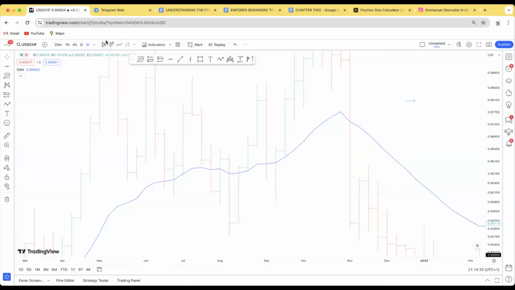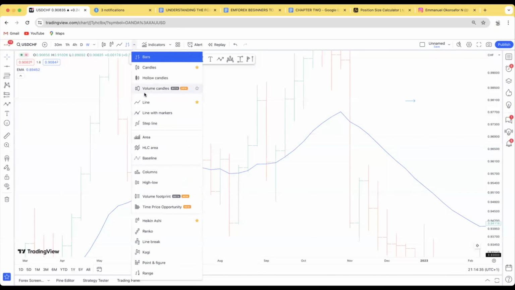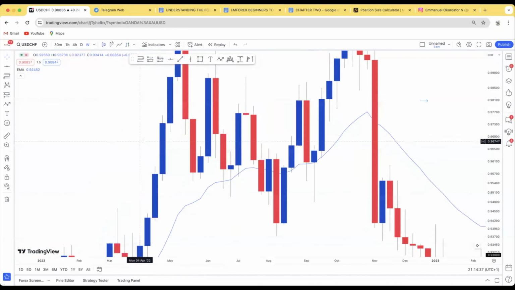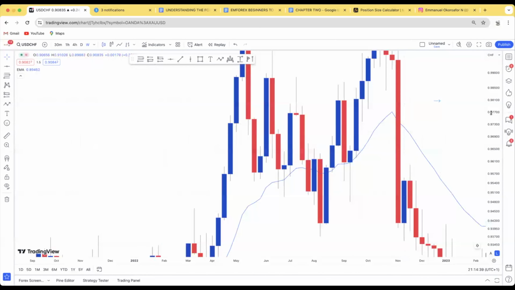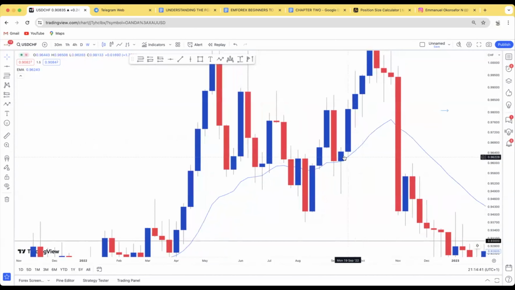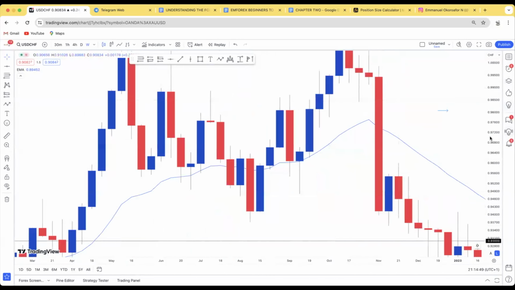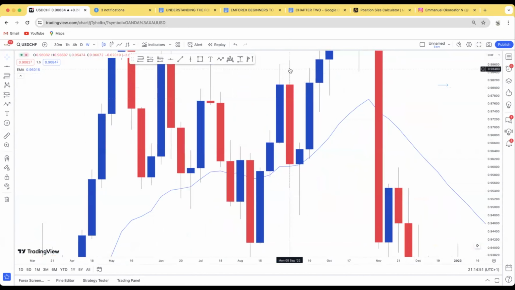Okay, so switching over to the candlestick. This is the candlestick here. Now, this is the same data that was represented on the bar chart. Price will open at this top here, go up, which is the wick or the shadow, and then come down and close below, which is for a bearish candlestick.